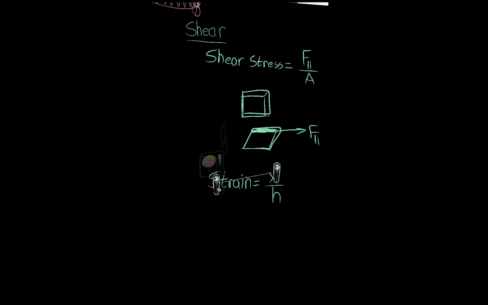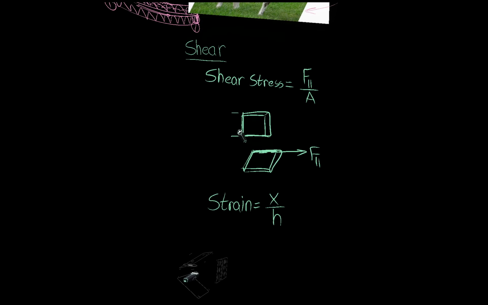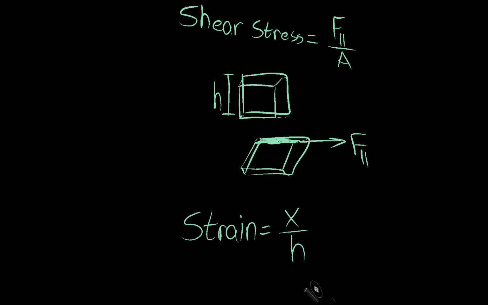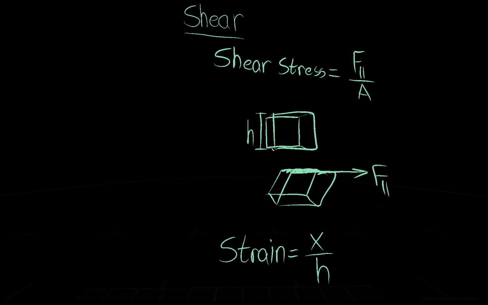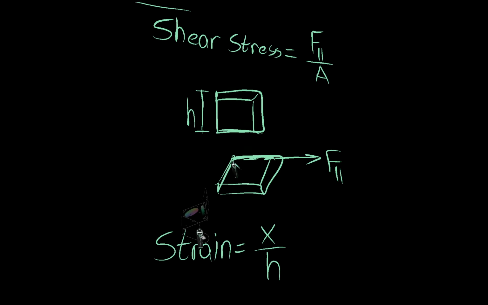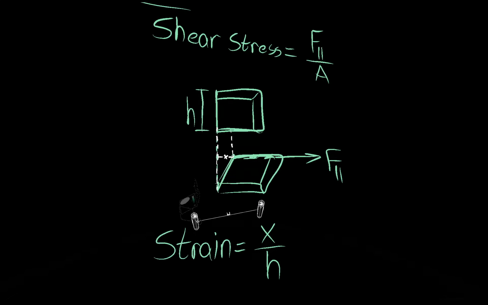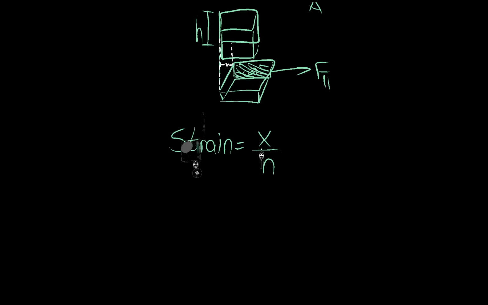So h is the original height here, that's h, and x is, if you draw a line here, I'll use a different color to stand out, a line here to a line here, right? The amount that this thing shifted to the right, that's x. So it's the ratio of the height to the amount that that top area shifted.